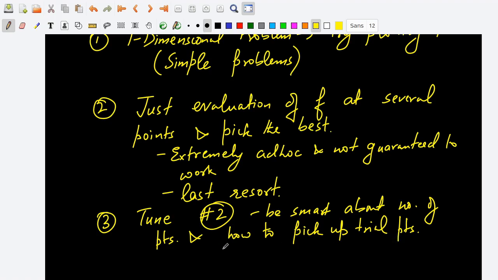And you can also try some randomized methods.